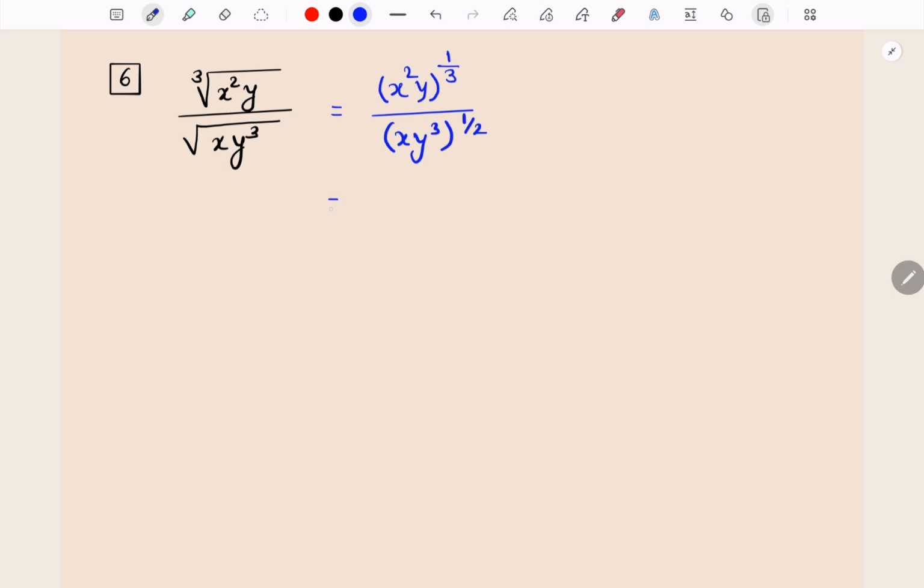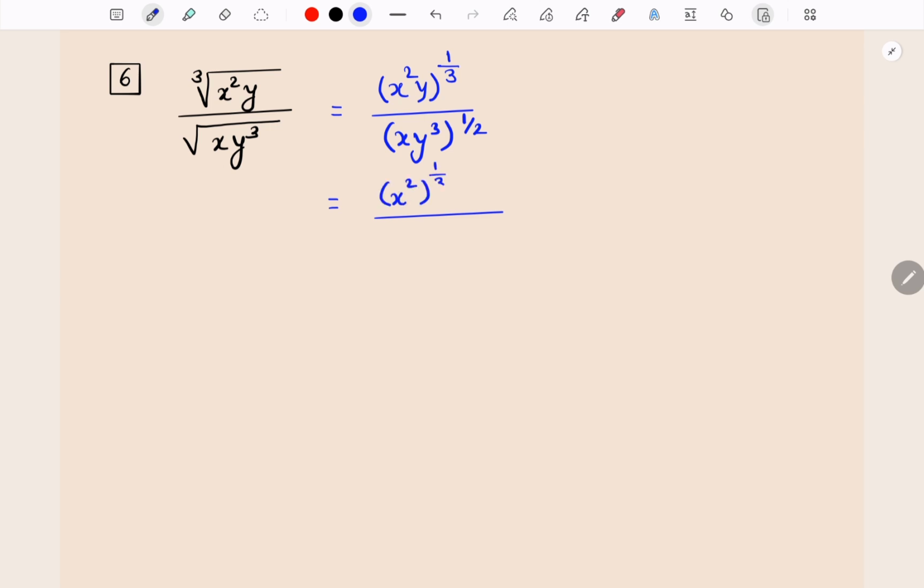Now, we have powers outside the bracket in the numerator as well as in the denominator. We know that whenever there is a power present outside the bracket, that power is applied to everything that is present inside the bracket. So, look carefully here in the numerator. This power of 1 over 3 will be applied to x squared.